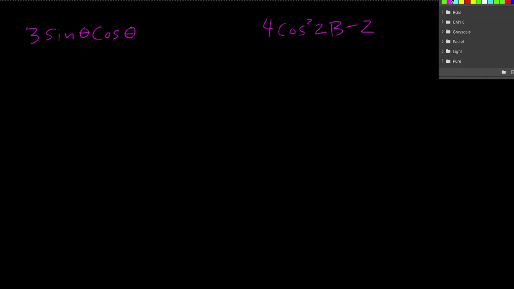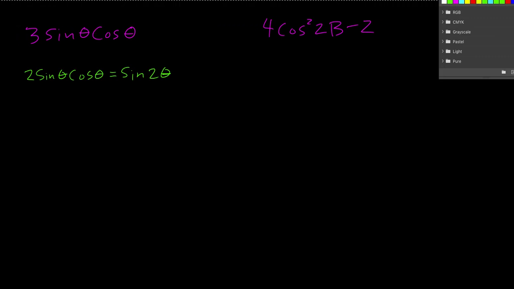Okay. So we have a double angle identity that says sine theta times cosine theta times 2 is equal to sine 2 theta. So we don't quite have that. We almost do.